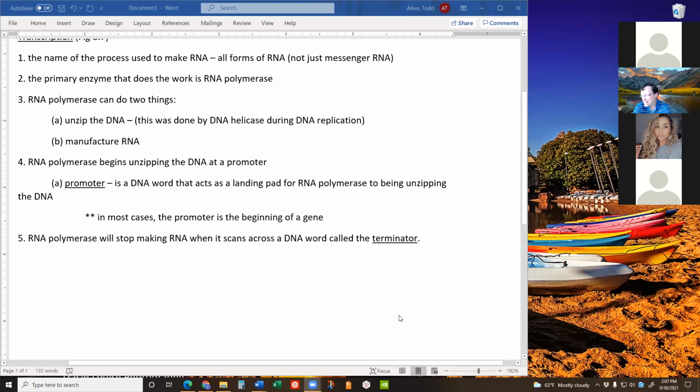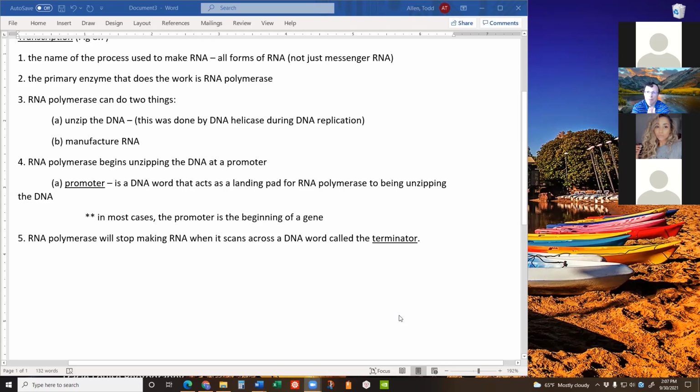For transcription, that's the promoter. Both processes involve a termination process. For DNA replication, that's the termination sequence. For transcription, that's the terminator. So there is actually a lot of similarity between these processes.